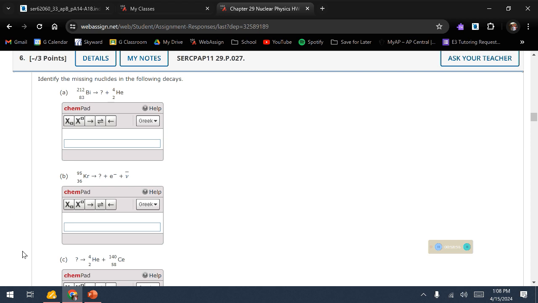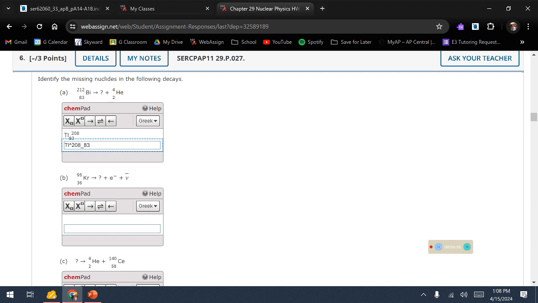Okay, so here's how you do it, real quick. Thallium is TL, if I'm not mistaken. Yes. Okay, so capital TL. You are welcome to use this, but I don't like to. What I do is this guy right here is just your caret. So if you put caret, then 208, and then underscore 83, usually that works. Or you have to put it first.